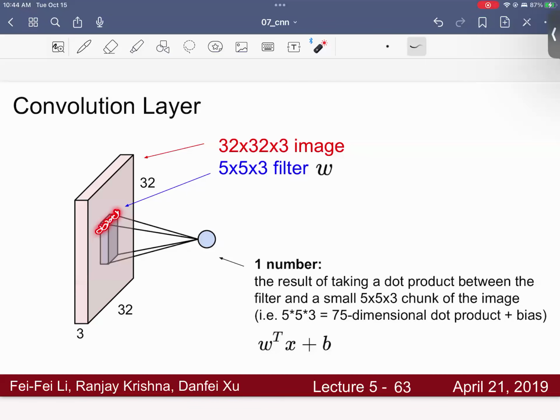There are 5 by 5 by 3 weights, right? So you multiply all pixel-wise values with your weights, or your parameters, and then you sum them up. And basically this is the operation that we're looking for. There's actually a bias here, but we're going to sometimes omit the bias just for the sake of simplicity.